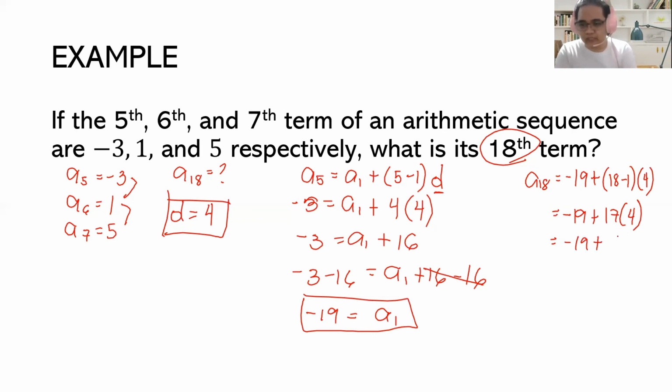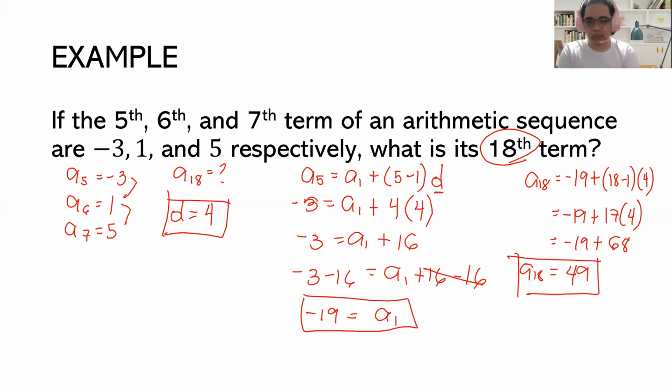So that will be 68. Okay, 68. Then, yung final answer natin will be a sub 18 equals negative 19 plus 68, or 49. Okay, so we have 49 as our 18th term.